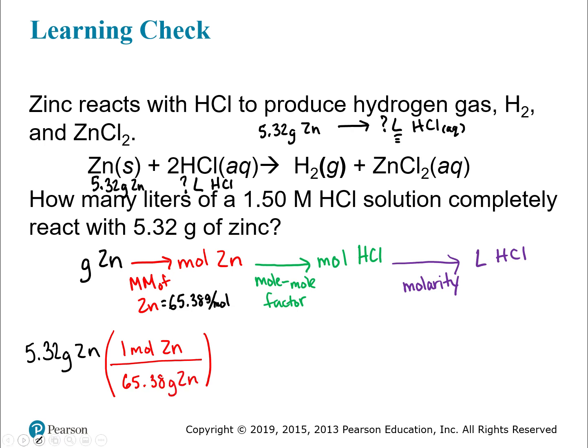Now we're in moles of zinc. For our mole-mole factor, it's going to be just like before with the B over A. So what we're looking for is the B, and that's the hydrochloric acid.